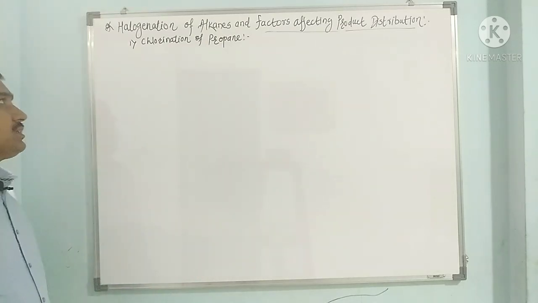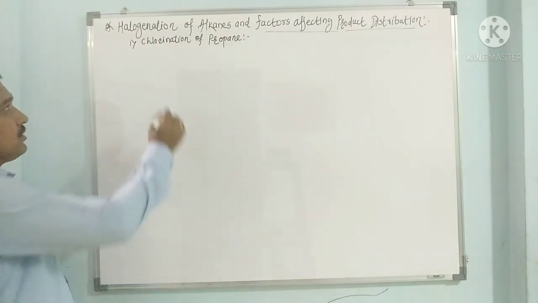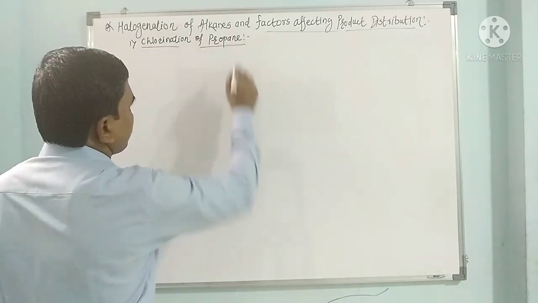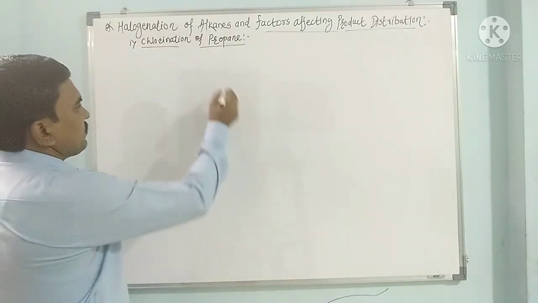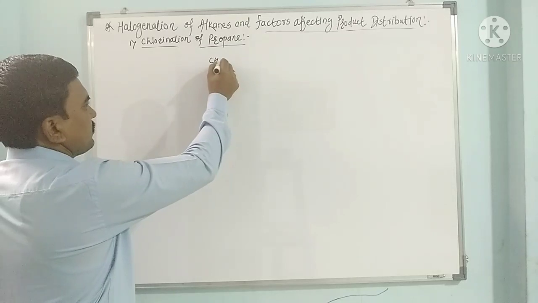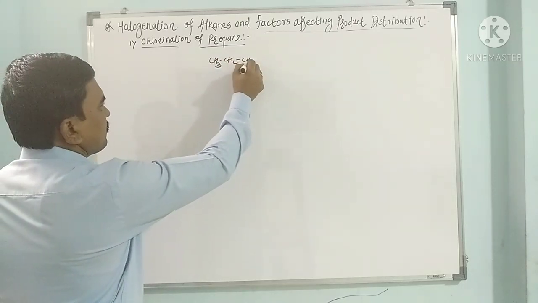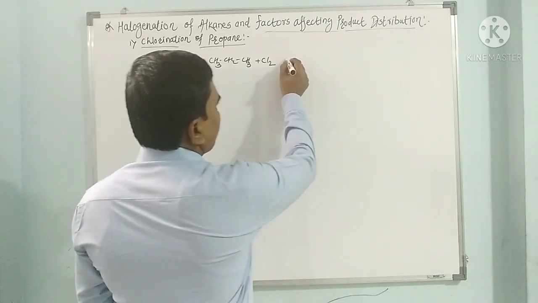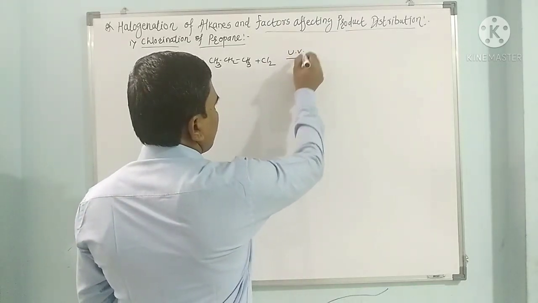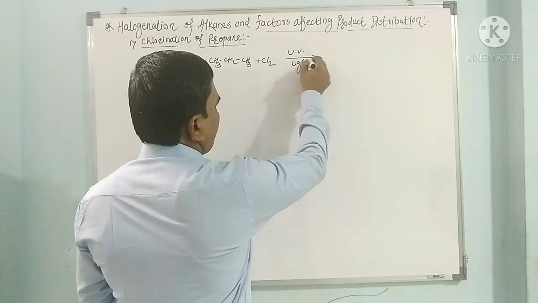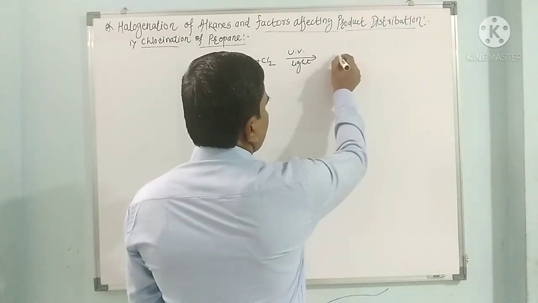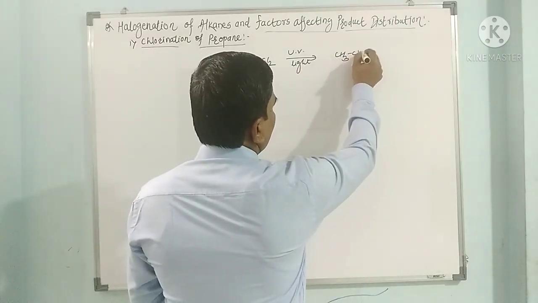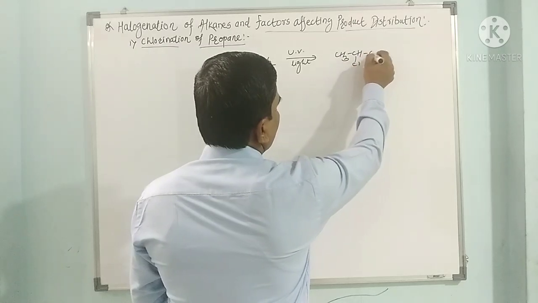Now, the next example of halogenation we have to see is chlorination of propane. When propane reacts with Cl2 in presence of light, it gives 2-chloropropane and 1-chloropropane.